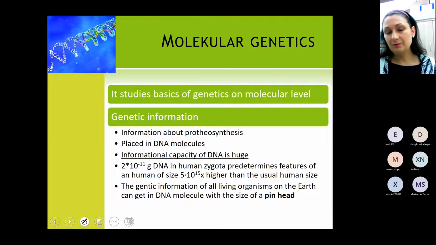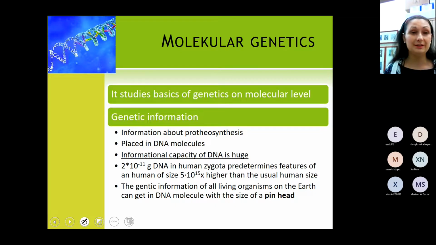Molecular genetics. This is not a new, but a very dynamic scientific field. It focuses on the basics of genetics, but on a molecular level.